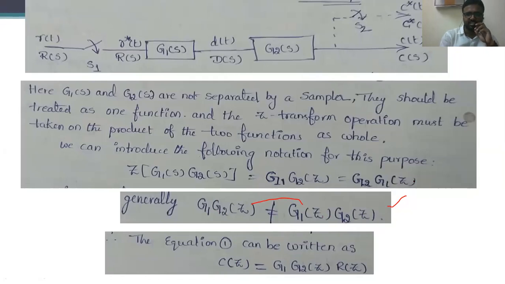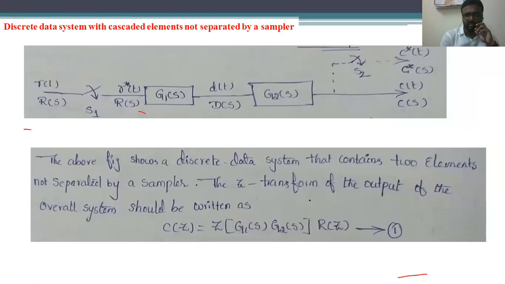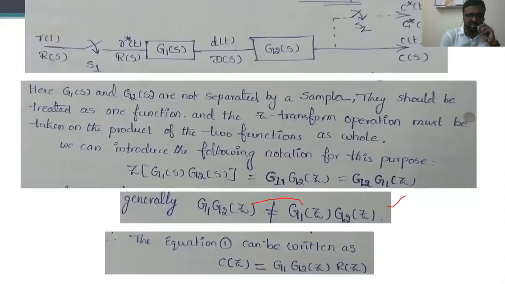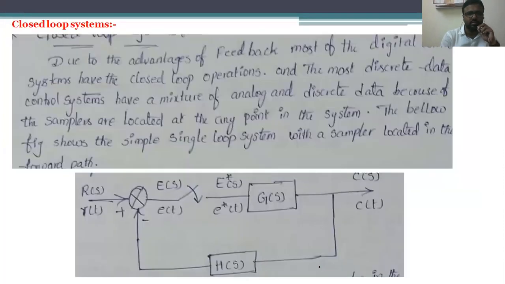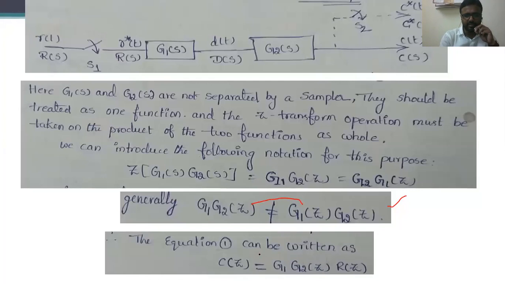Therefore, equation 1 can be written as follows. Just substitute the value of the Z transform of G1 of S and G2 of S, which is nothing but G1 G2 of Z. So C of Z is equal to G1 G2 of Z into R of Z. Taking R of Z to this side, we get C of Z divided by R of Z is equal to G1 G2 of Z. Okay.